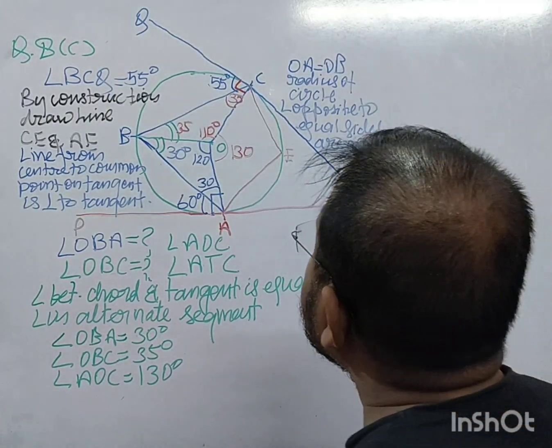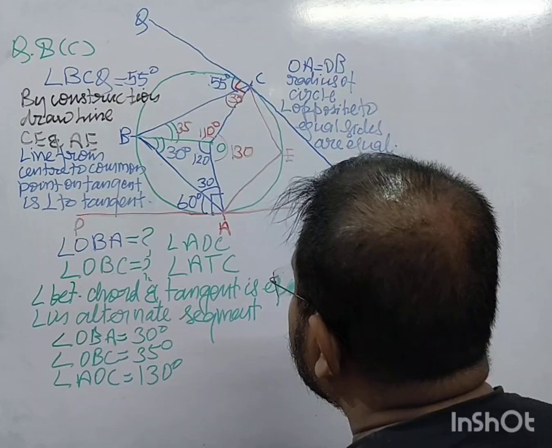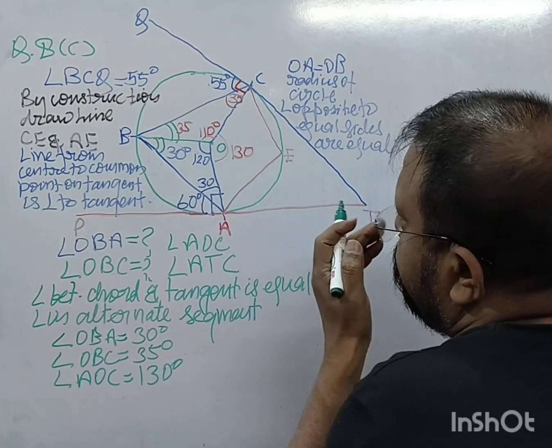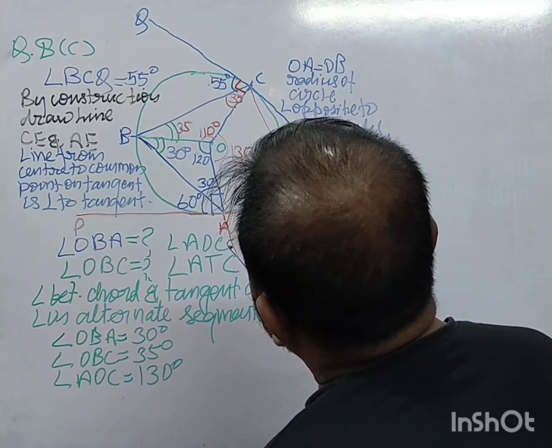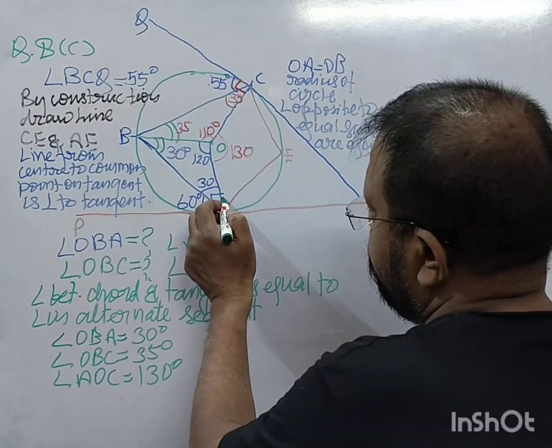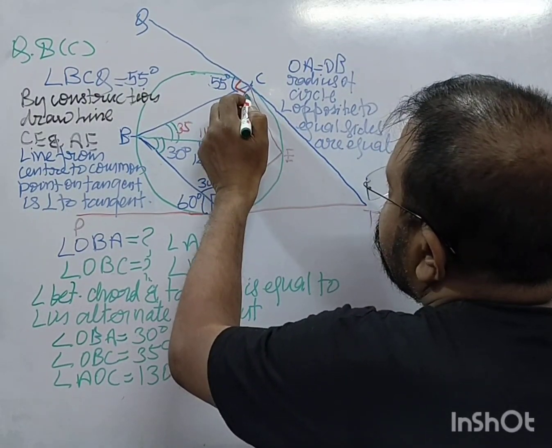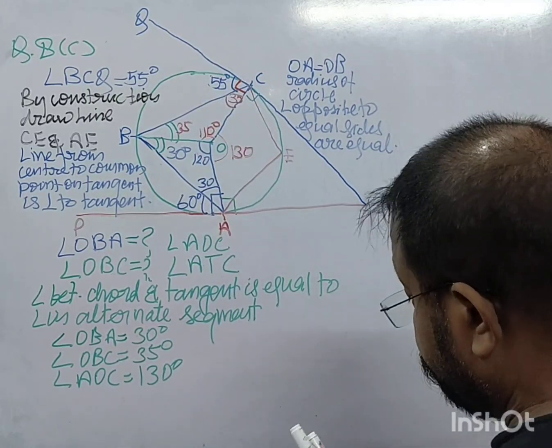Is it? So what do we need next? ATC. Okay. This is of 130 degree. This is of 90 degree. This is of 90 degree.